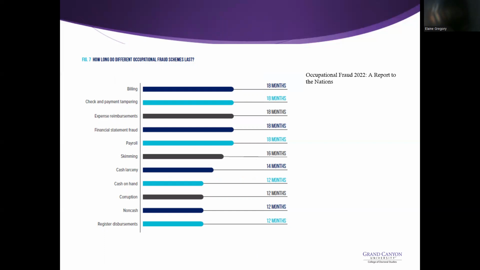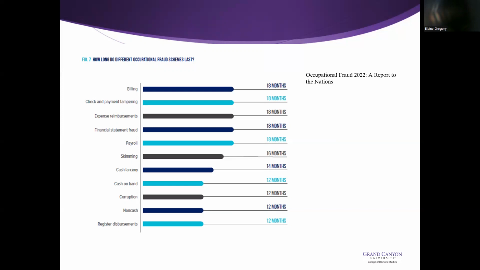Why? It could be a lack of segregation of duties in the billing department. It could also be that we are not doing routine checking to see if we have vendors that don't exist, so we have fake vendors out there that payments are being made to.